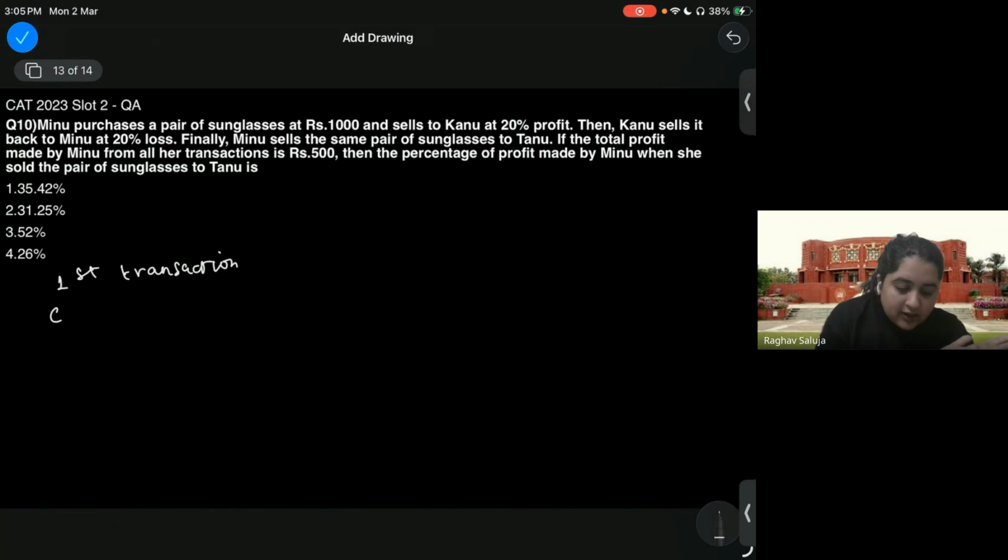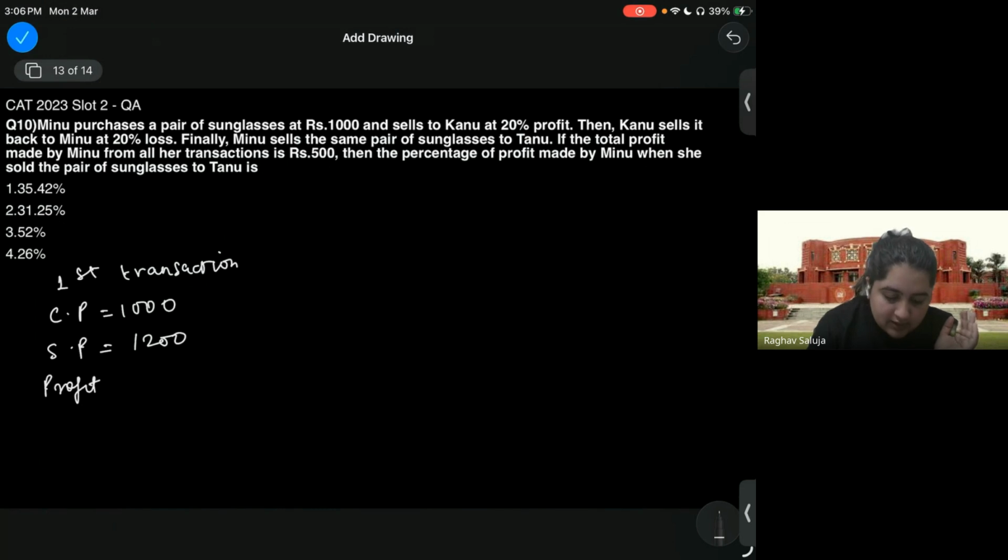So for that, her cost price was 1000 and she sells to Kanu at 20% profit. That is, she sells at 1200 rupees and her profit here is 200. Okay. Now, Meenu is done with this transaction.